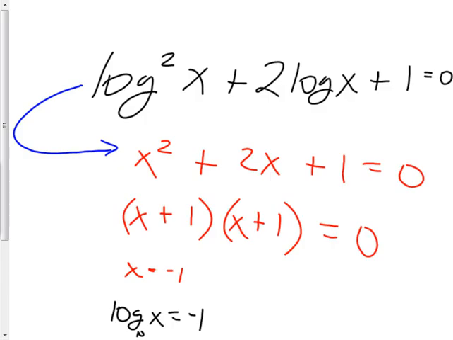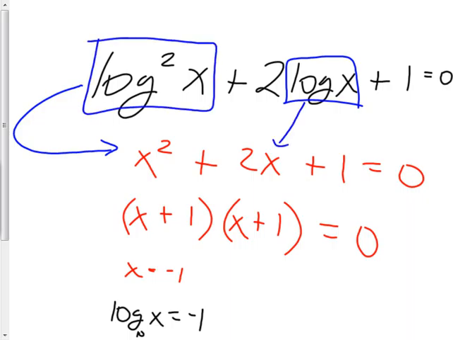Wherever there was a log x, like this right here, I just changed it to an x. This was a log x squared, so I changed it to x squared. And now I can act just like it's a quadratic and factor it down and then get my answer, x equals -1. But then what did I have to do at the end? And replace the x back again with a log x. And then solve that.